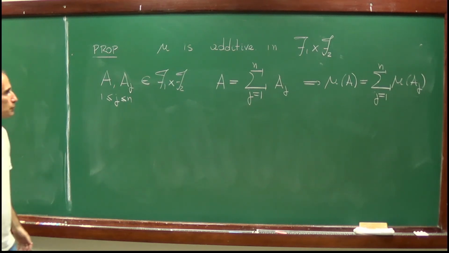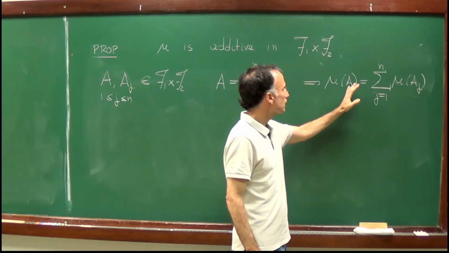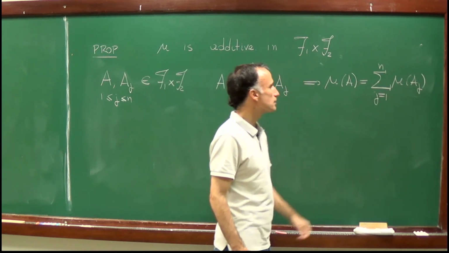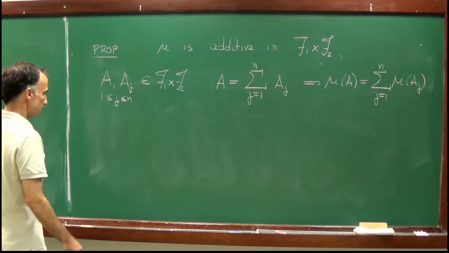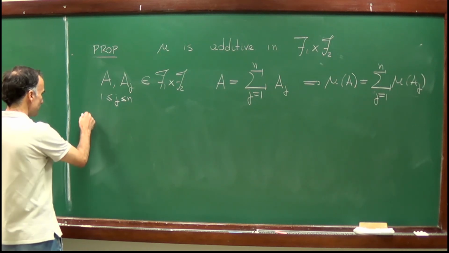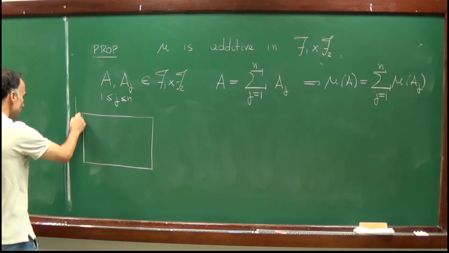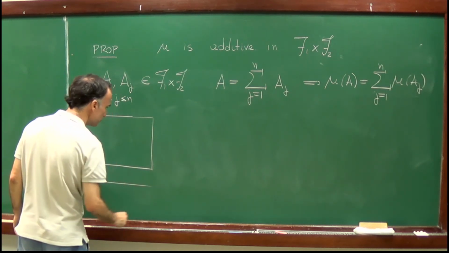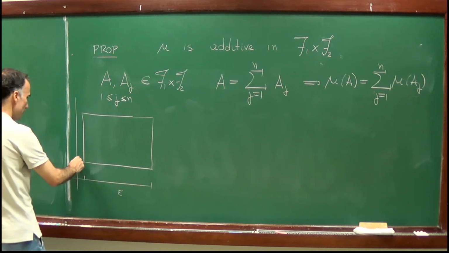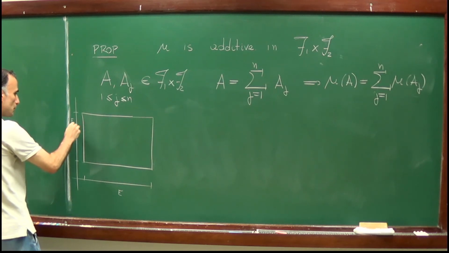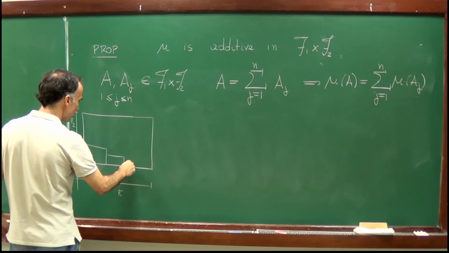Right, so I'm representing a rectangle as the disjoint union of rectangles, and I want to show that the measure of this rectangle is equal to the sum of the measures of the smaller rectangles. So if you want a picture, here is a rectangle. Let's say that here again I'm working with omega 1 and omega 2, and here it's a set E1, here is a set E2, and I'm representing this rectangle as the union of the disjoint rectangles.